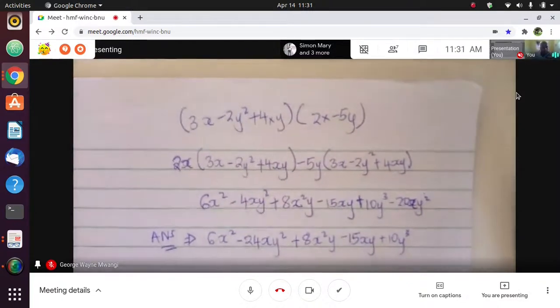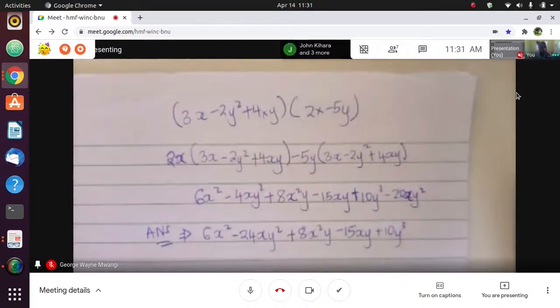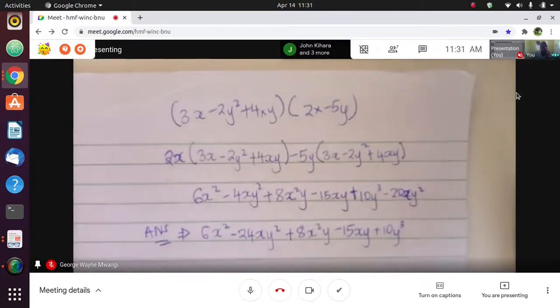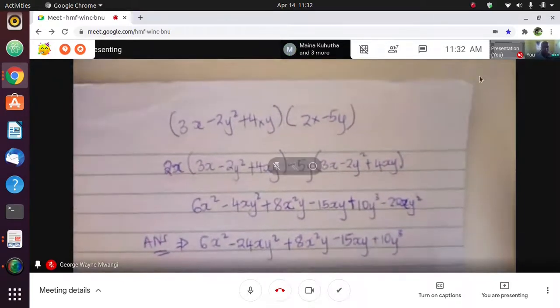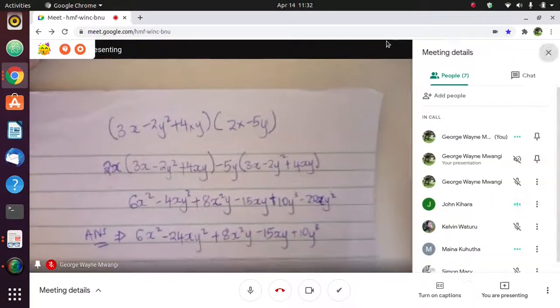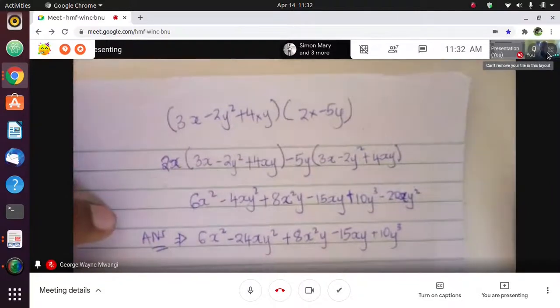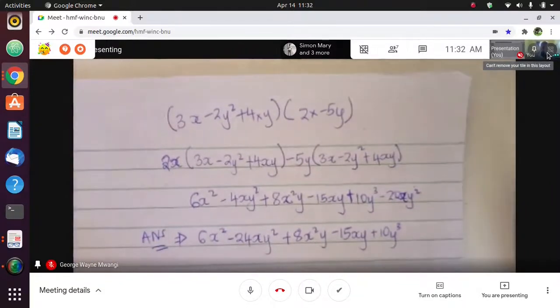Has anyone got that answer? Maina, what answer have you got? You have got 6x squared minus 24x squared. And I hope you're not reading my answer.